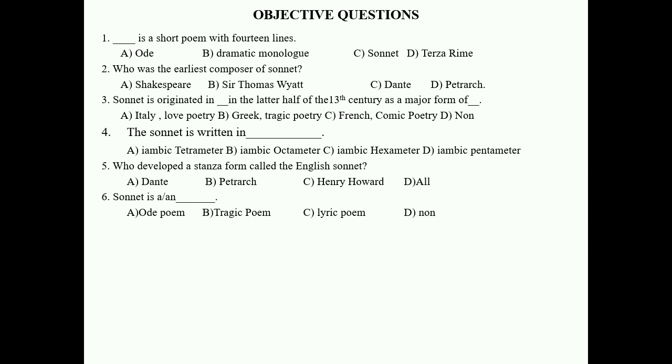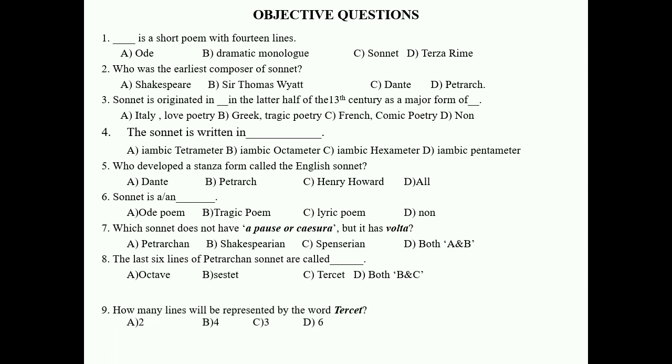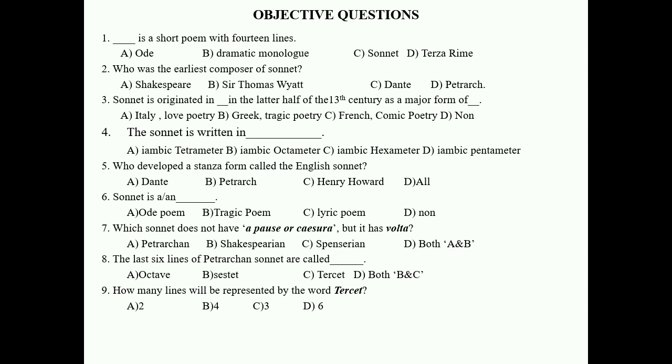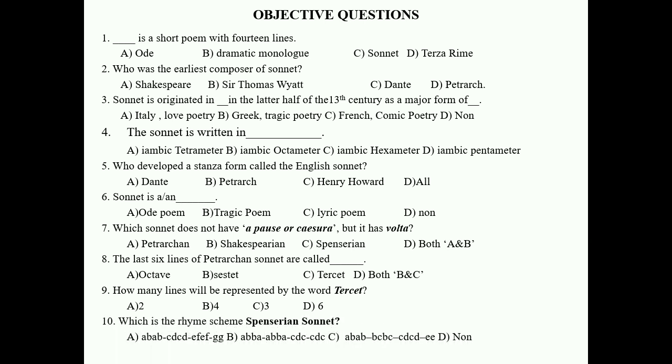Sonnet is a or an, what kind of poem you need to identify. Which sonnet does not have a pause or caesura, but has a volta? Find it. The last 6 lines of the Petrarchan sonnet are called. Yes. How many lines will be represented by the word tercet? Which is the rhyme scheme of the Spenserian sonnet? Find it.